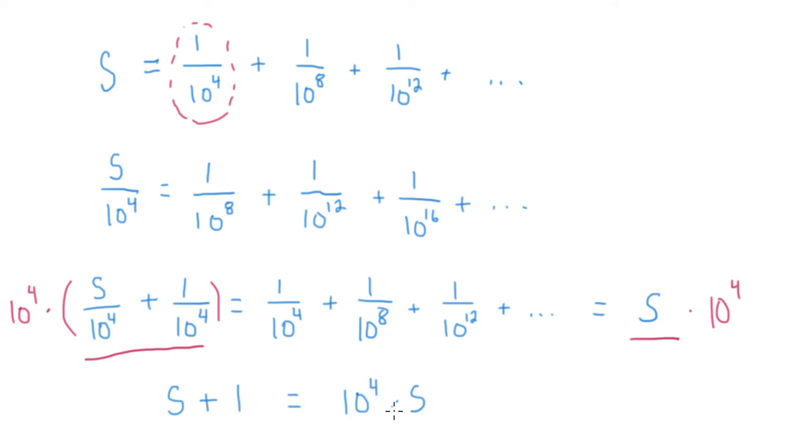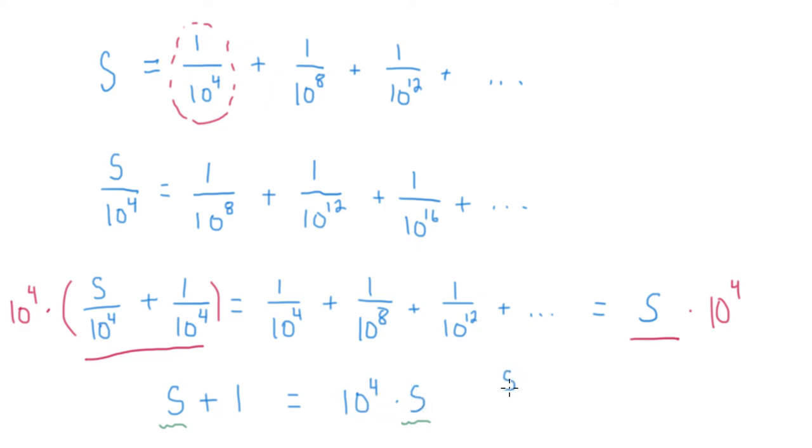So maybe it's been a while since you've done some algebra, but this is like the variable x. I'm trying to solve for x. So the idea is I want to get all of my unknown terms on the same side of the equation. So I want to subtract 10 to the fourth times s.